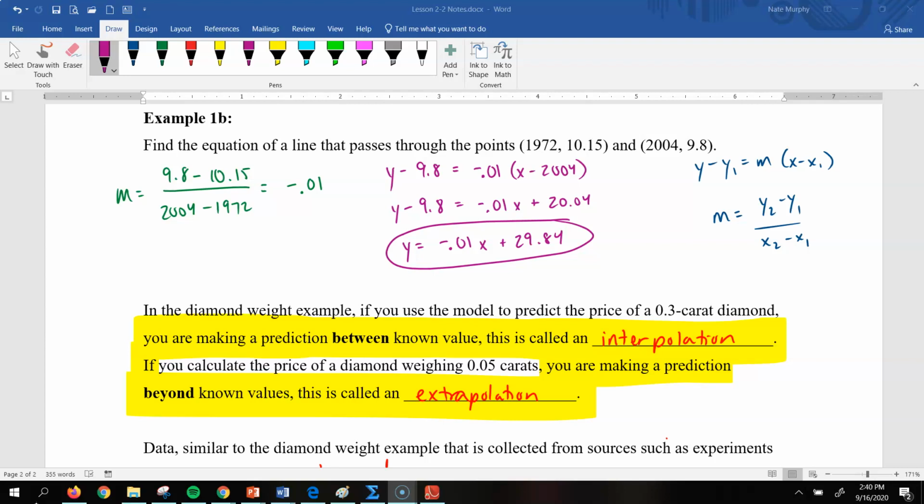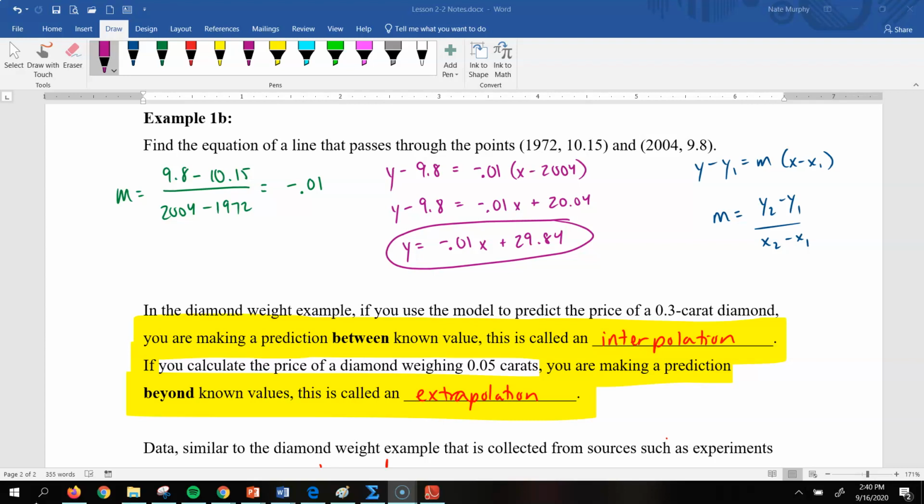All right, one of the last things we need to talk about is this idea of interpolation and extrapolation. These are two brand new terms that you've never seen before, so please make sure you get this in your notes. Now, if you see the prefix in interpolation, you see inter, and if you look at the prefix in extrapolation, you see extra.